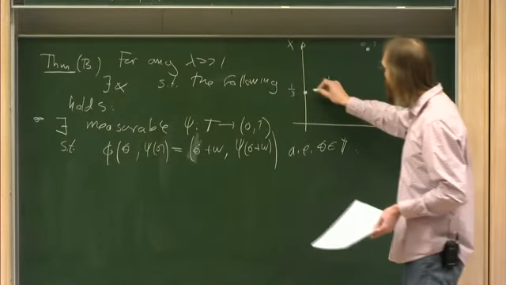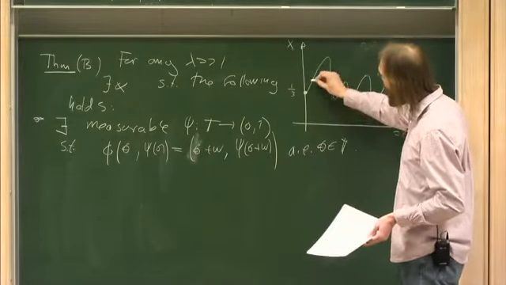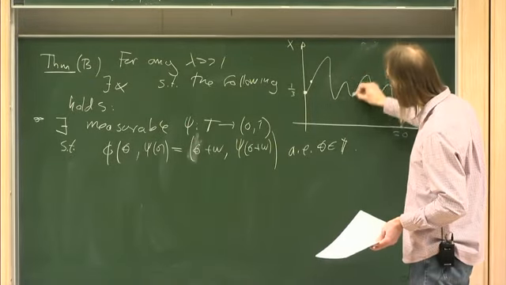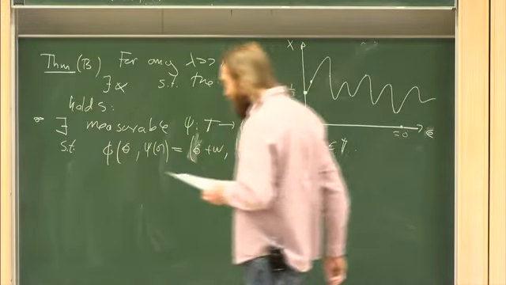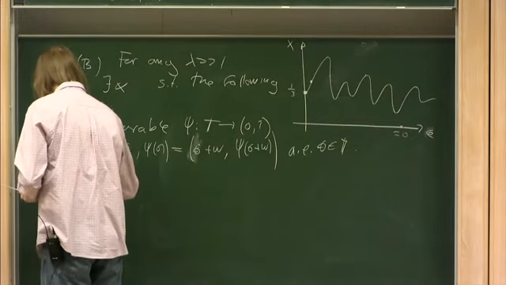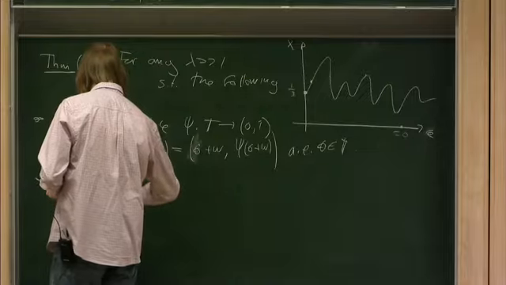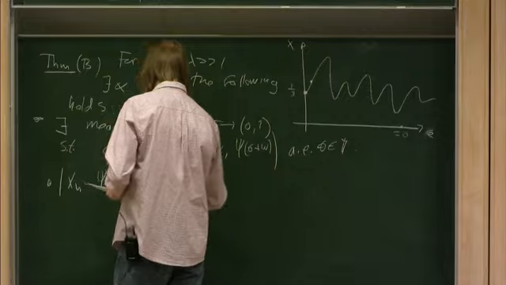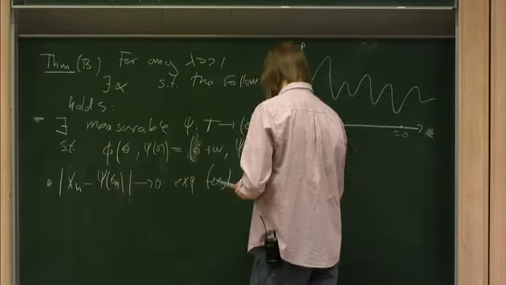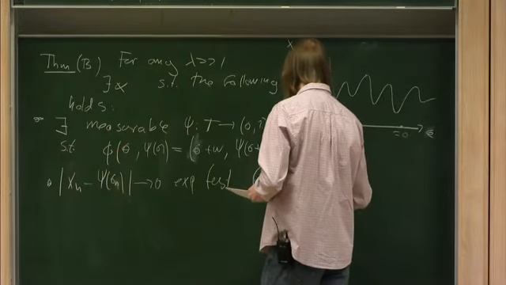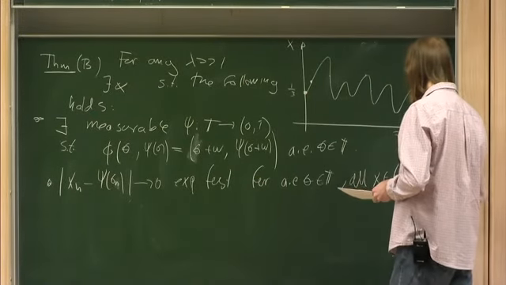So it means that we have some graph which is invariant. So if I start on it, you sit on it forever. And it is attracting, so x_n minus psi of theta_n goes to 0 exponentially fast for almost every theta in T and all x in [0,1].